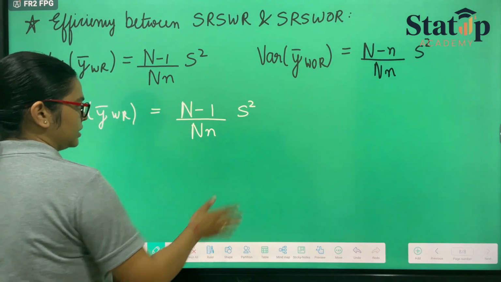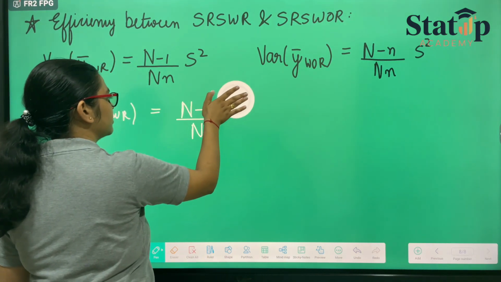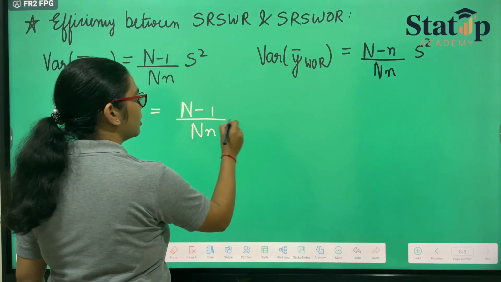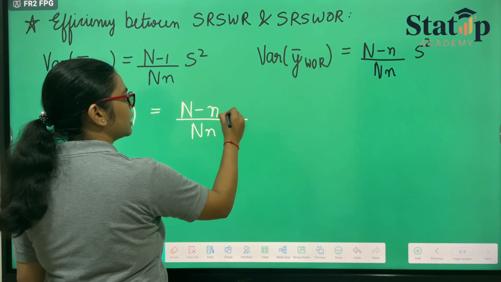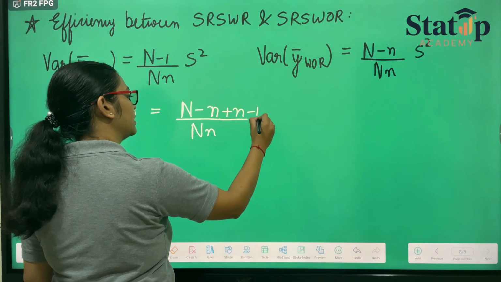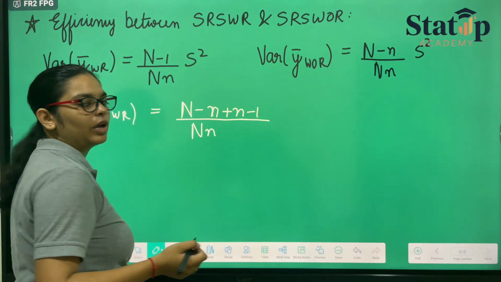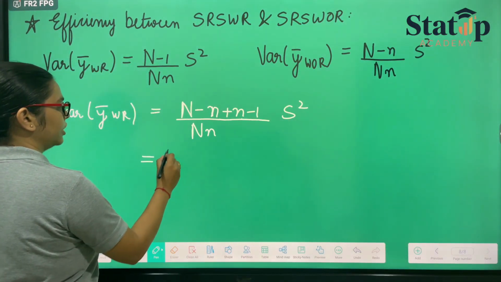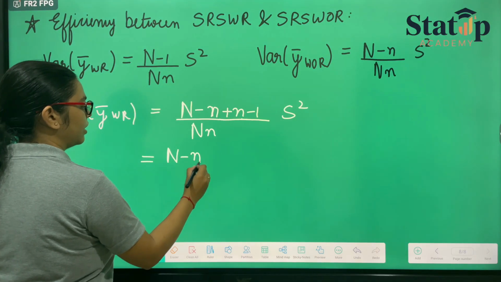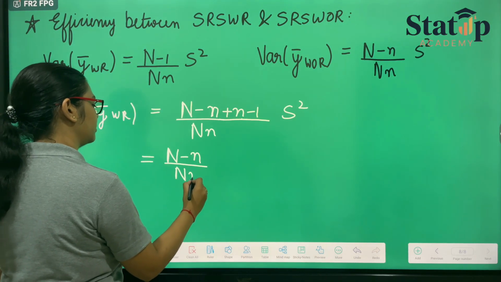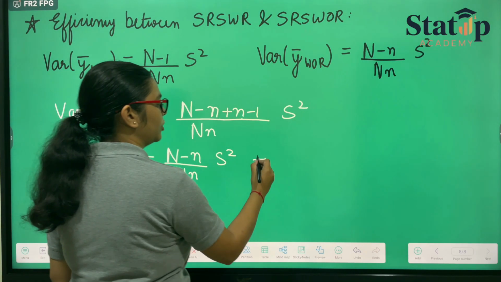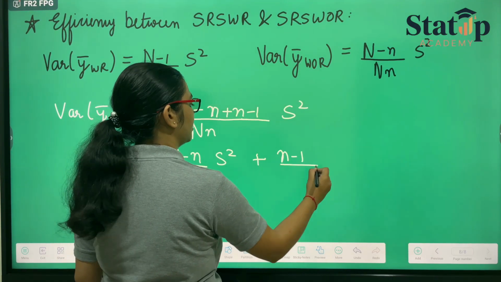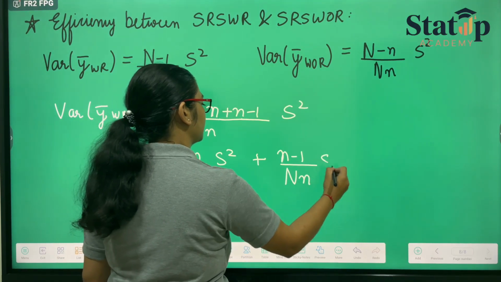Now instead of this, I can also write it as capital N minus 1 minus small n plus small n, I have added n and subtracted n, S square. So this can further be written as capital N minus small n upon n, S square, plus small n minus 1 upon n, S square.